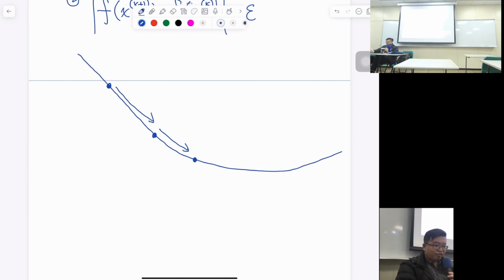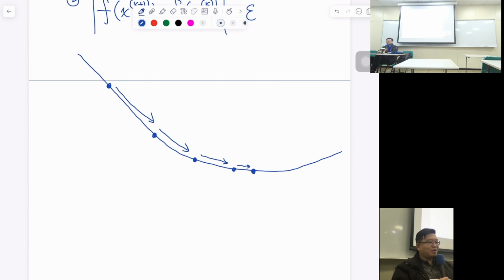lets you move, and when you are very close to the bottom, sometimes you move a little bit, but the function value has no change. It's so flat. Maybe both of them are minimum. Their function value are equally small.